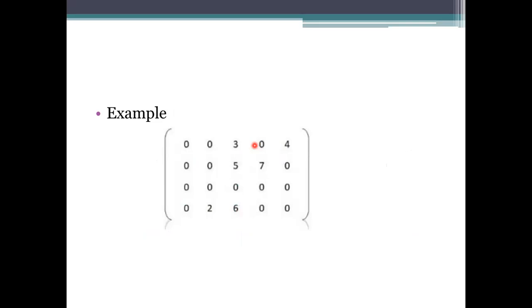If you see this one, how many elements are there? We have 4 rows and 5 columns, so we have 20 elements. Among the 20 elements, how many are data? The non-zero elements are 1, 2, 3, 4, 5, and 6.